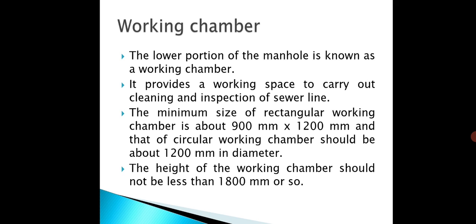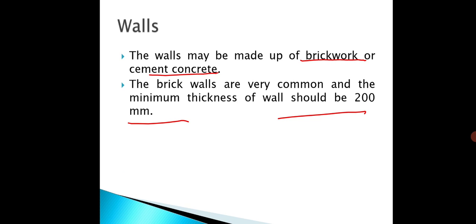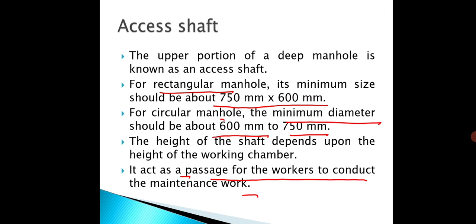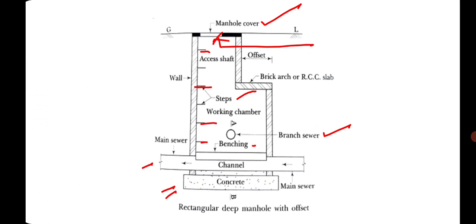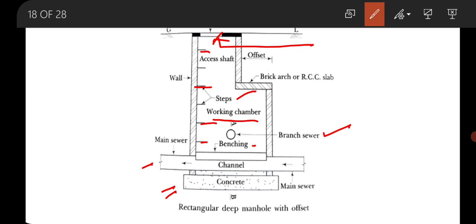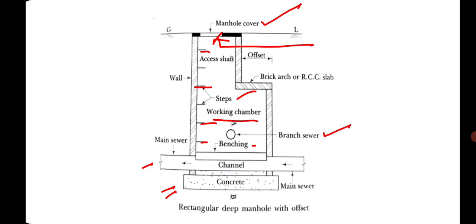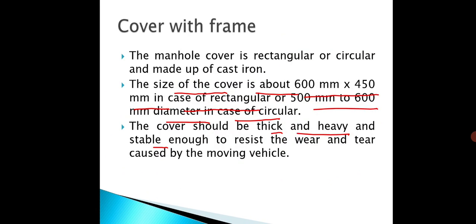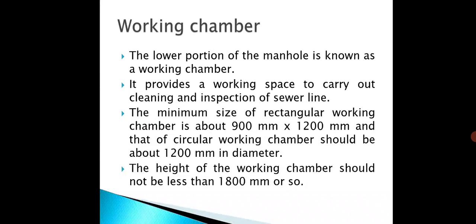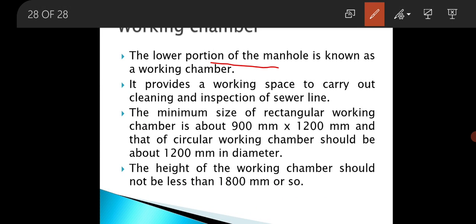Last part is working chamber. See, this one is the working chamber, the lower portion of the manhole. The lower portion of the manhole is known as working chamber and it provides a working space to carry out the cleaning and inspection of the sewer line.